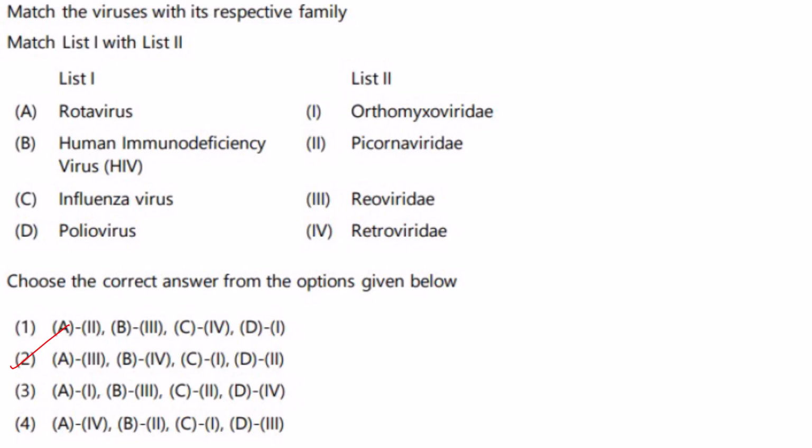If you are 100% sure and you don't know anything regarding other viral families, if you know B as Retroviridae, happily you can mark option 2 as your answer. Then influenza virus, Orthomyxoviridae, C1, and poliovirus is Picornaviridae, D2. So the answer here is option 2.